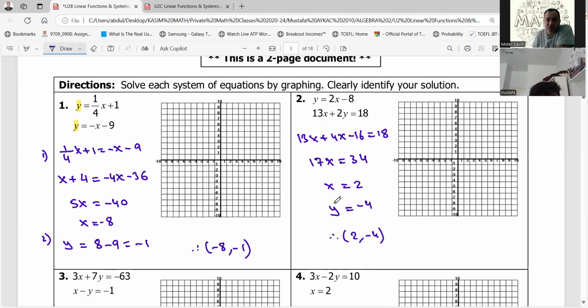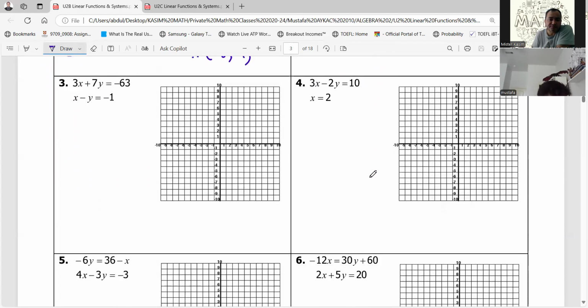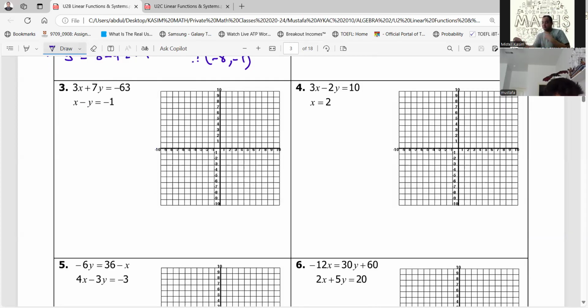Okay. Now let's speed up. You should be able to solve in less than 1 minute. Do question 3. x equals negative 7. If x equals negative 7, then y?